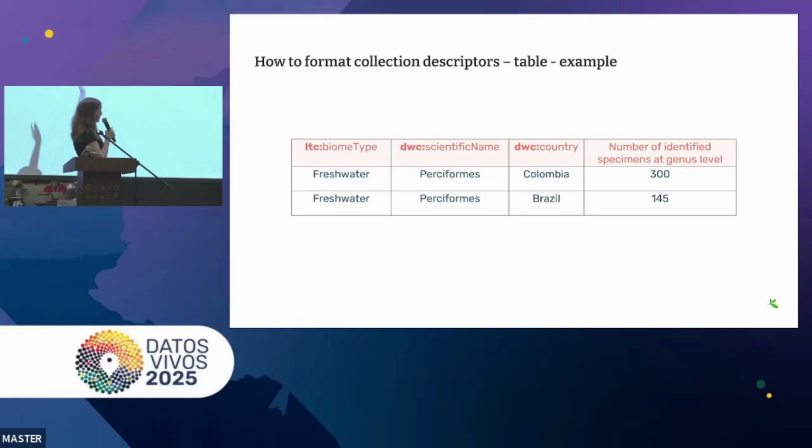So the first column is a Latimer Core term, which doesn't exist in Darwin Core. You can put it there. Then we have two Darwin Core terms, and then we have columns that are unmapped, but they will still show on GeoCycle. So that can be quite interesting to consider using it. You can put as many columns as you want.